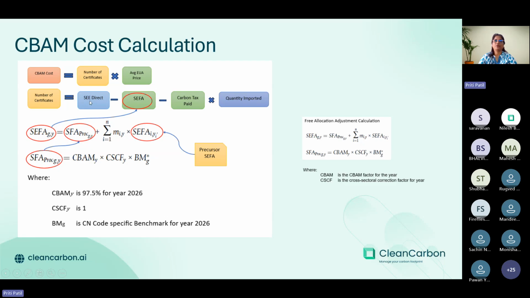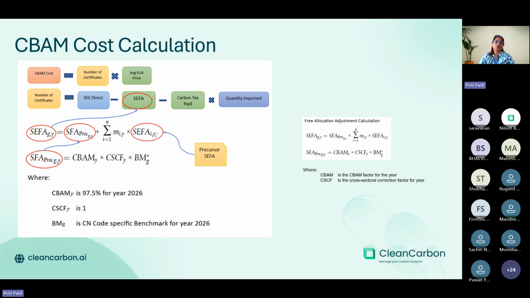Then you will use the SE direct from your CBAM report for that particular product. SE direct minus whatever number you have calculated here, minus 0, into whatever quantity you have imported. So if you have imported 10 tons of this product, multiply it by 10. That will give you the total number of certificates to be surrendered at the end of the year.